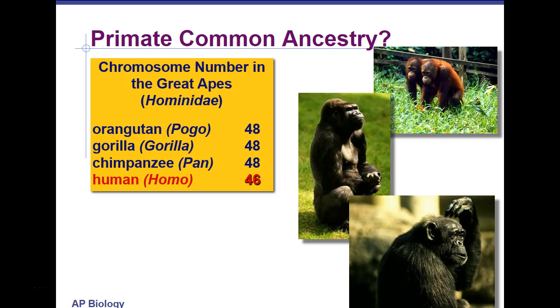Now wait a second. If we are so genetically similar to these other species, especially the chimpanzee, shouldn't we also have 48 chromosomes? What could be a possible explanation for that? Well, I guess you could say, sometime in the past, human ancestors just lost a pair of chromosomes.